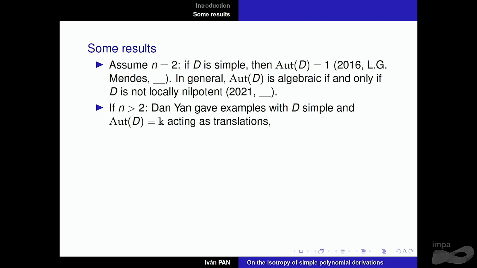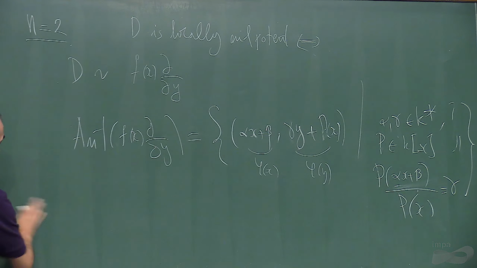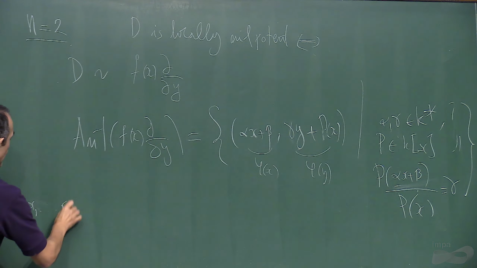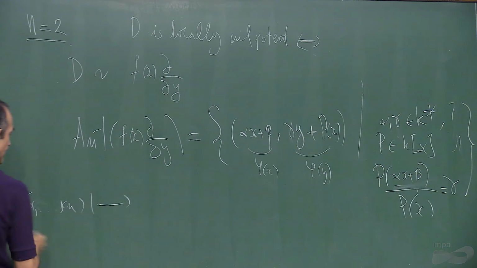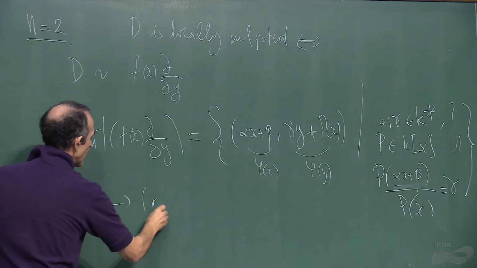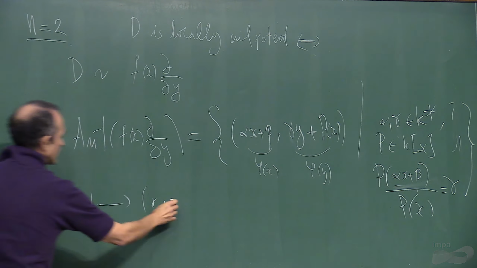For n greater than 2, Dan Yang gave examples with D simple and the isotropy equal to the field, GA, acting as translations. Acting as translation, I mean, in this case, the action, for example, x1 plus a constant.